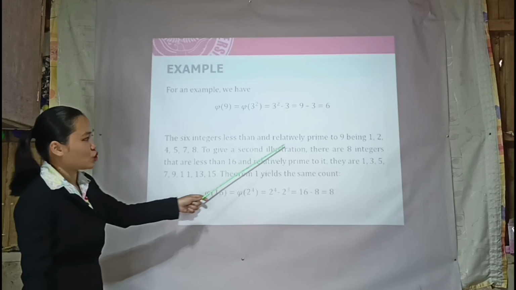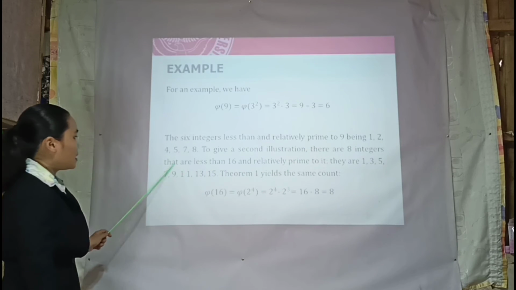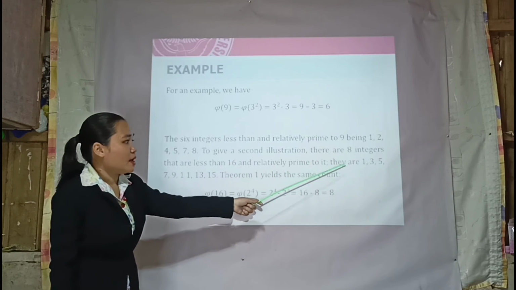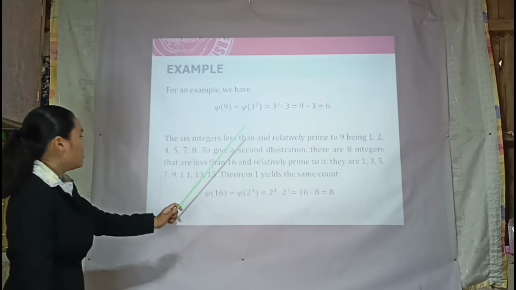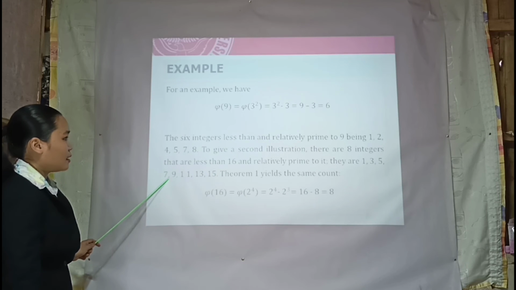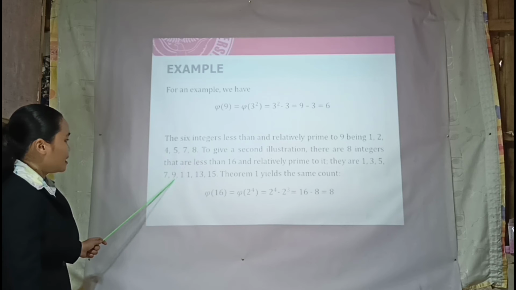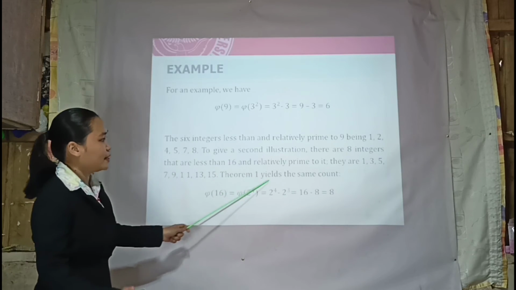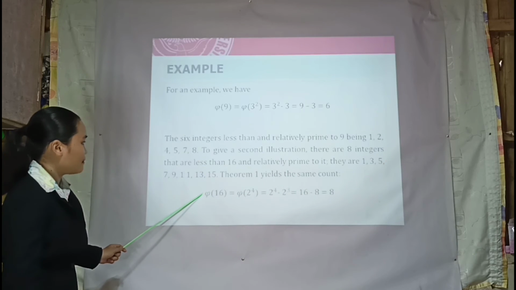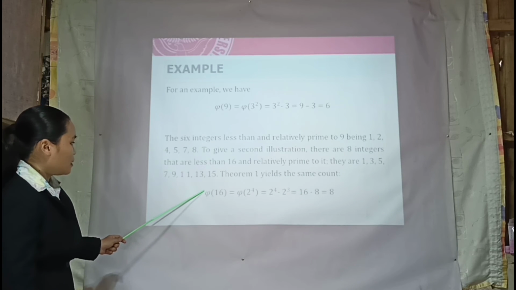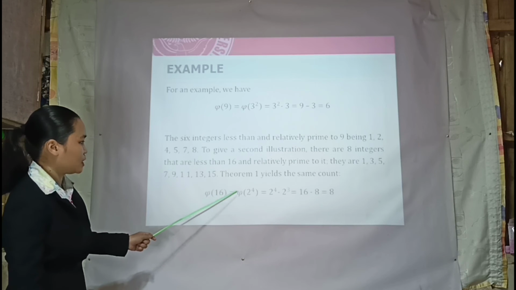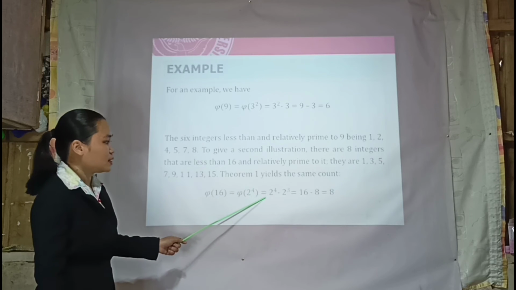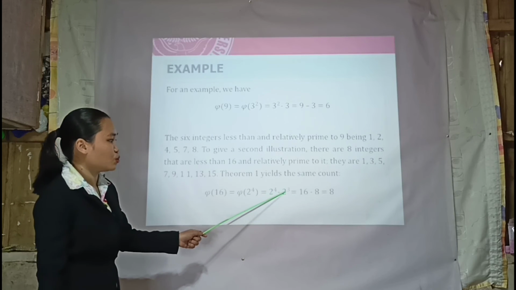To give a second illustration, there are 8 integers that are less than 16 and relatively prime to it. They are 1, 3, 5, 7, 9, 11, 13, and 15. Theorem 1 yields the same count. So this is the illustration: phi of 16, which is equal to phi of 2 raised to 4, equals 2 raised to 4 minus 2 raised to 3.